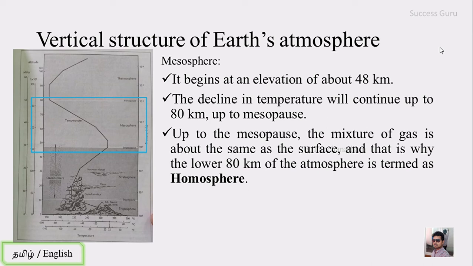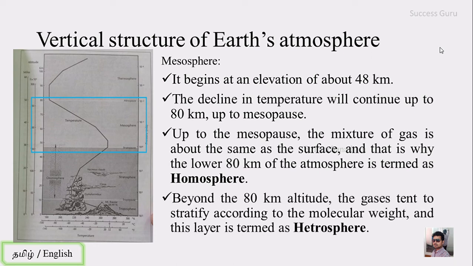That is what we mentioned earlier. From 0 to 80 kilometers, the composition of the air will be roughly equal, and that is why it is called the homosphere, as the overall composition from the surface to the mesosphere will be somewhat equal.